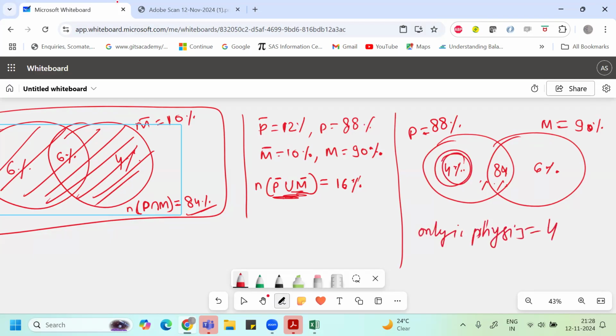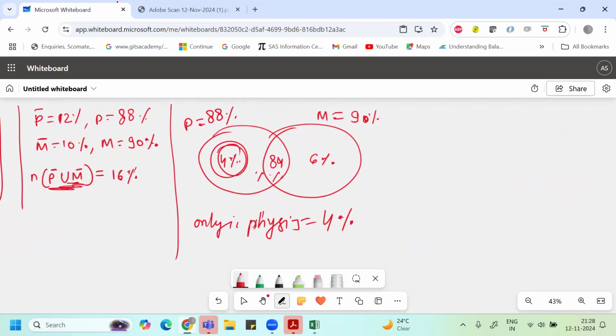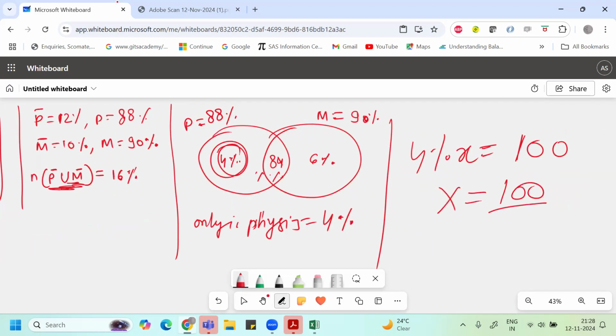That is 4%. So 4% of the students passed only in physics. Suppose total students are X, so 4% of X is 100. Find X. X is 100 divided by 4%. Answer would be 250.